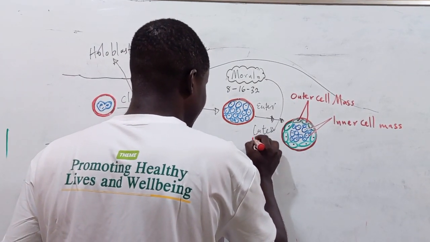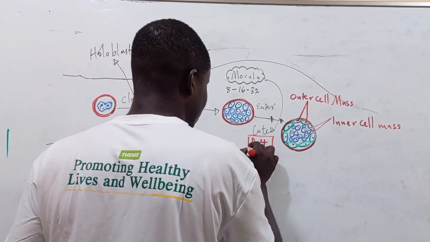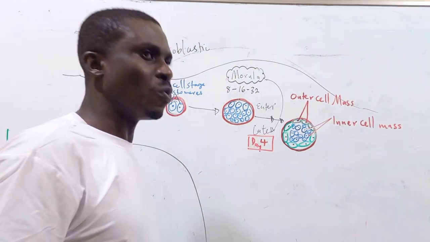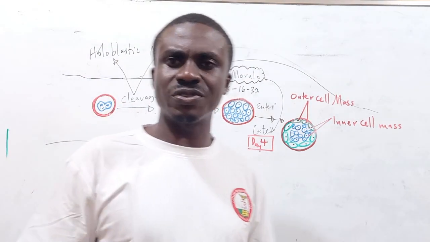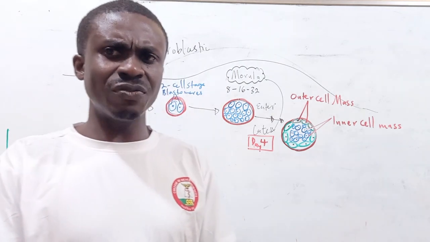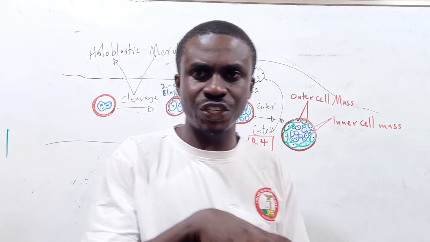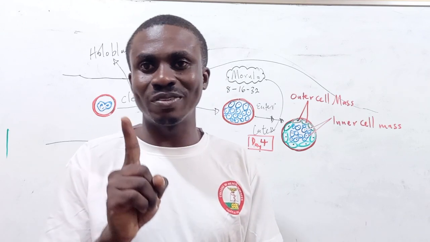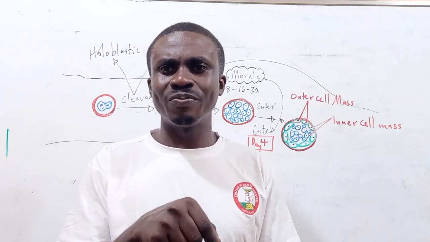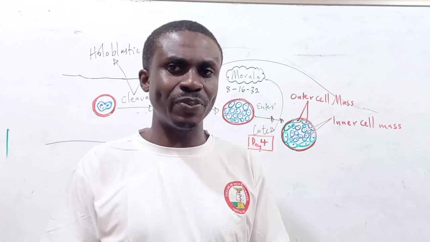Day 4 is when this late morula arrives in the uterine cavity. But my friends, is that the stage for implantation? No, that is not the stage. And so what is going to be the stage, and what are the dynamics which are going to take place?